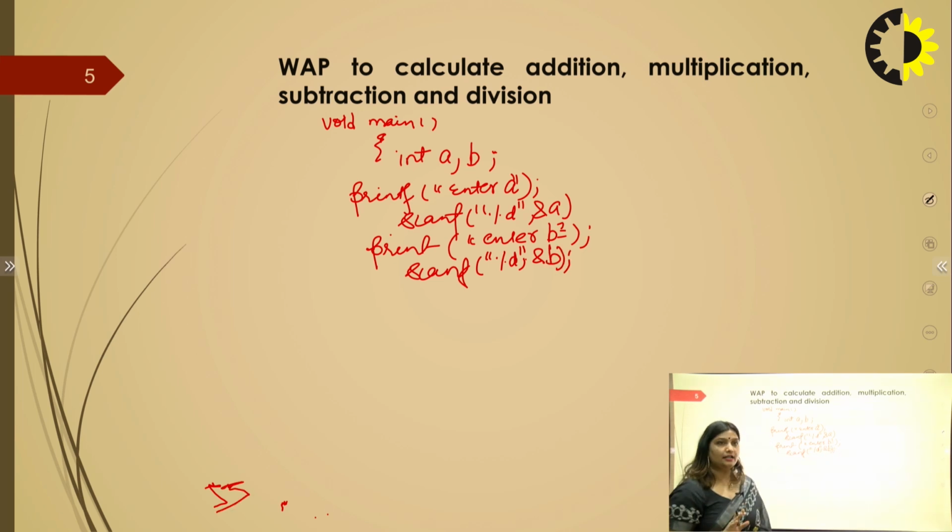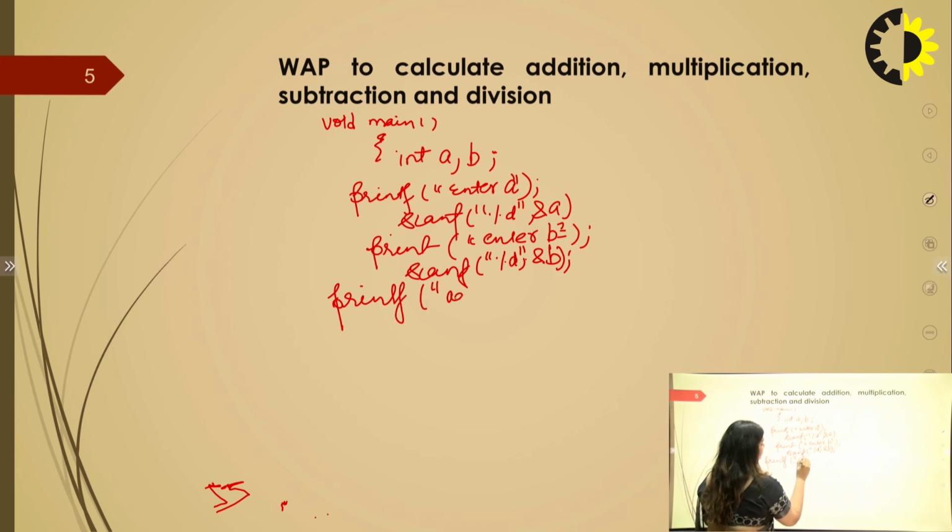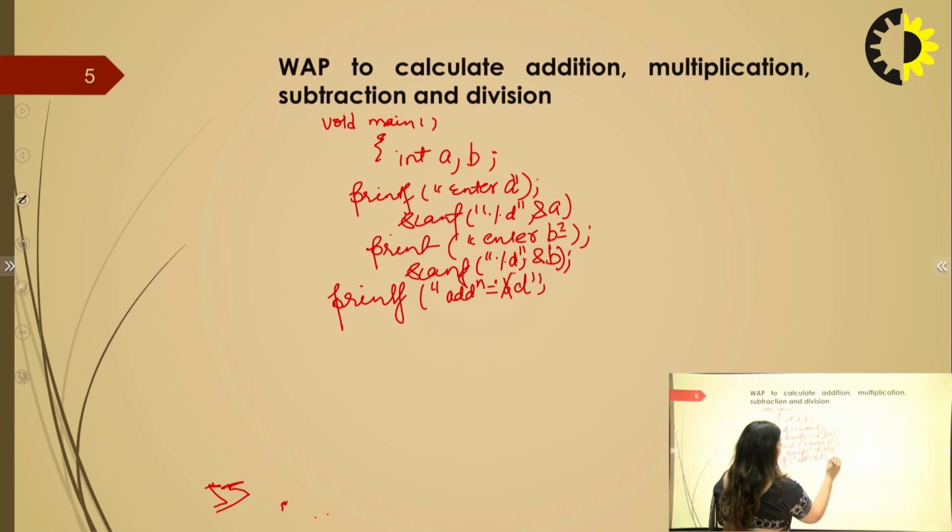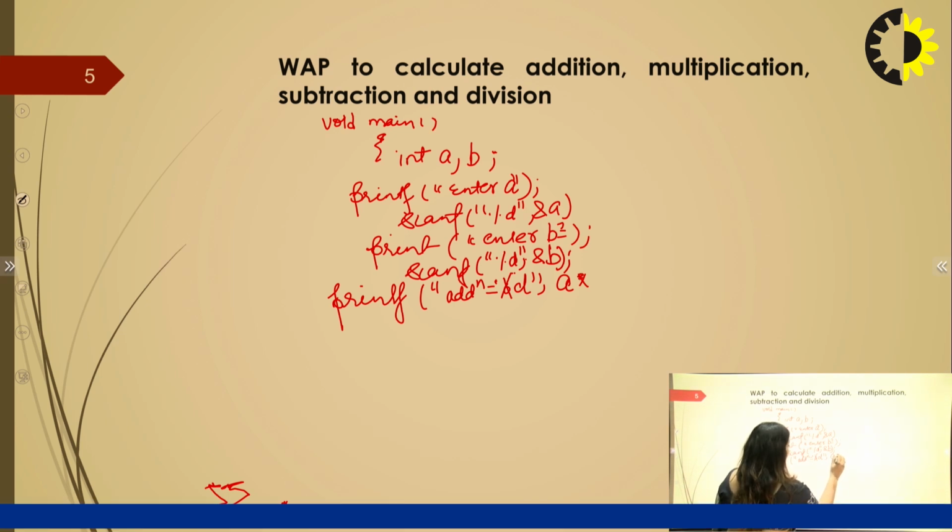Now we will start our calculation implementing these operators, and meanwhile we will print also. So printf addition is equal to %d, and we just need to write the symbol for the addition.